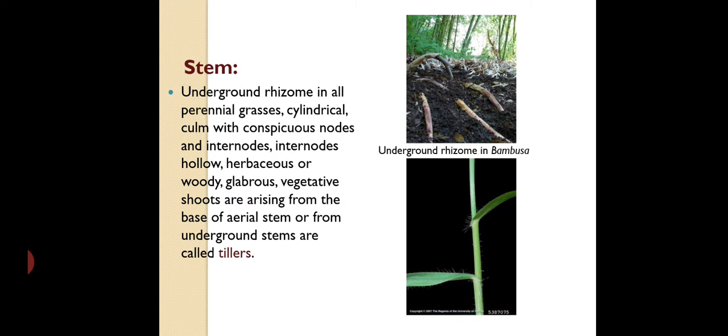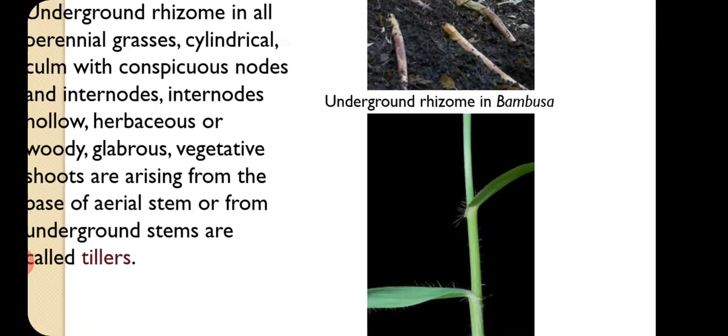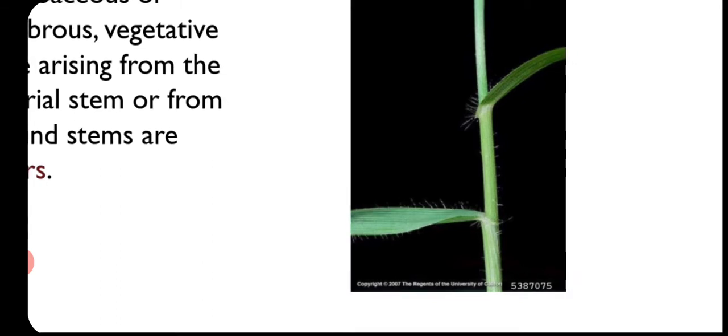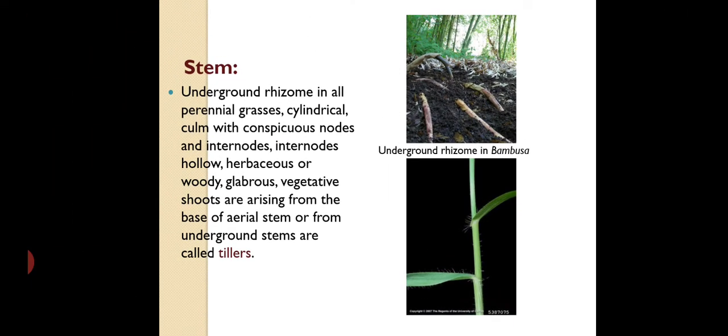The stem of the grasses is generally called culm. Then with the conspicuous nodes and internodes, here we can see the nodes and internodes. The leaves have sheathed leaf bases. The stem is herbaceous or woody, glabrous, that is shiny.